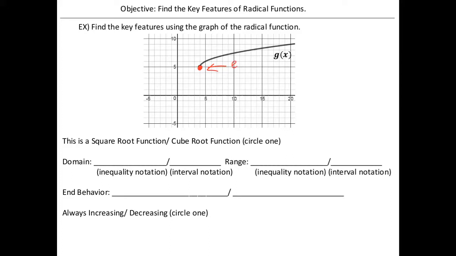This is an endpoint. So because I have an endpoint, that means, again, we have a restricted domain, which tells me then it's going to be a square root function. Square root function. Okay? Again, that's because the endpoint tells me it's a square root because I have a restricted domain.